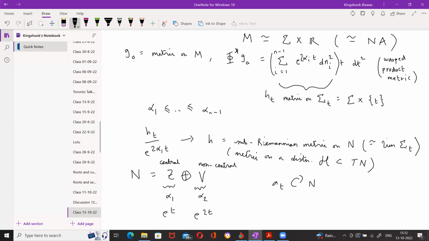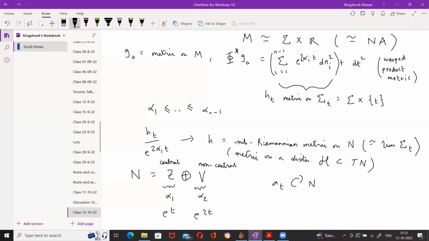I'm not asking about the dimension, I'm asking about the dilation. What is the dilation coefficient of the non-central and the central part, the roots? What I'm saying is that in the central part, the dilation will be more.